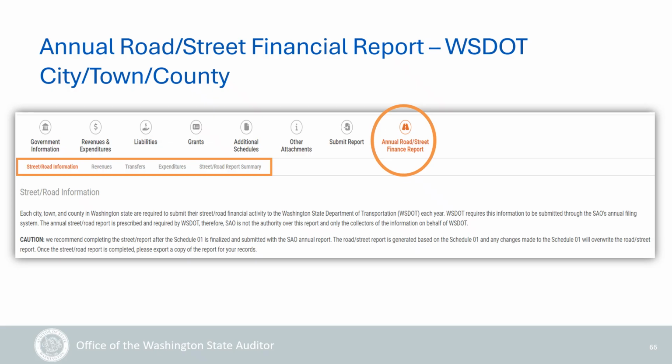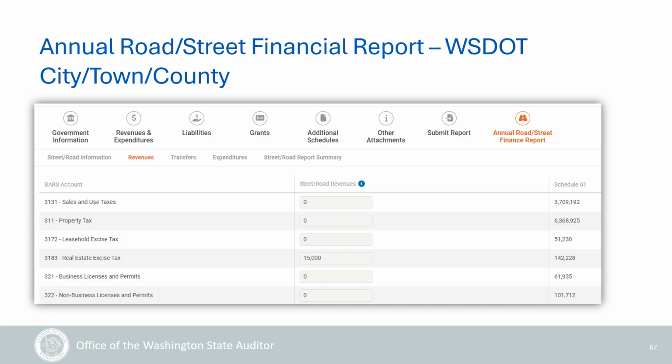The reason this module is after the Submit Report module is because it's not part of our SAO annual report requirements that is due within 150 days after fiscal year end. You are now able to come back and complete this module without unlocking your report. It is still generated based on the Schedule 01 data, but if edits aren't needed to the 01, then there's no need to unlock the report just to complete the Road Street Report.